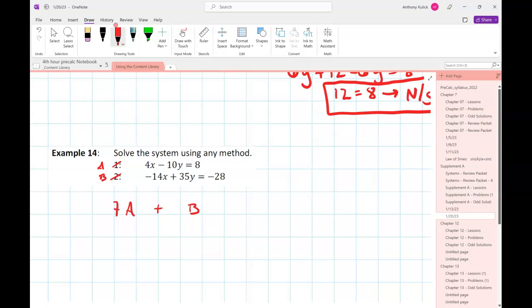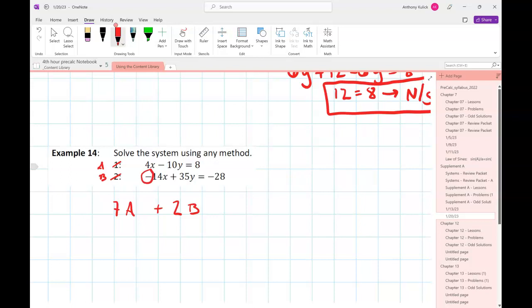Good. You mean 2, though, right? And why don't either of them need to be negative? Yeah, because one of them's already negative. Exactly right.